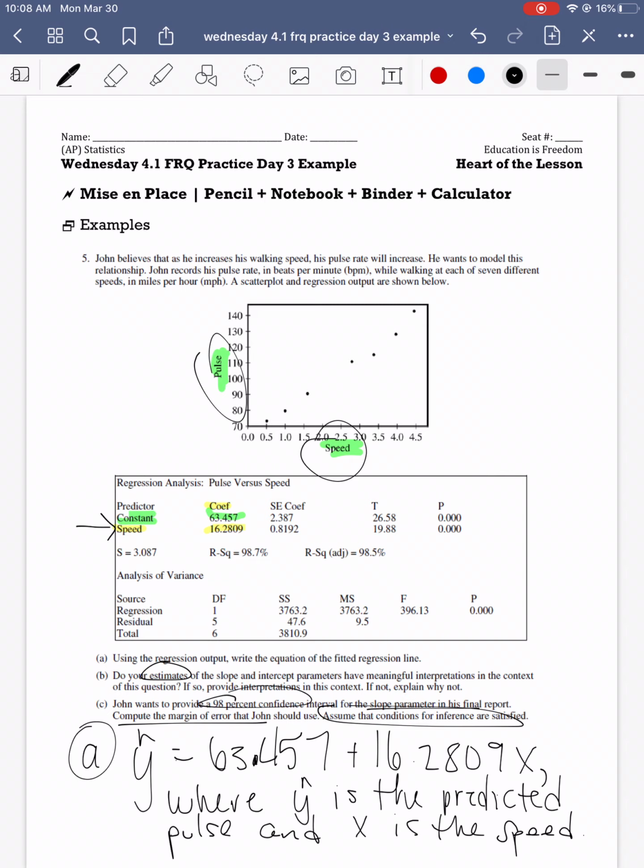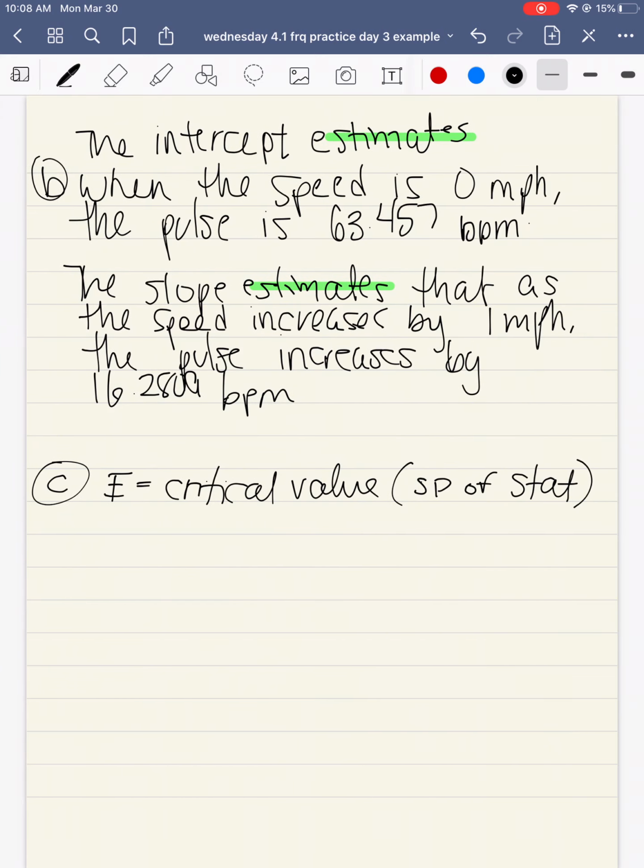The standard error of the slope is already calculated for us, so this is what I'm going to use in my formula here. So the error is going to be equal to something times this 0.8192.